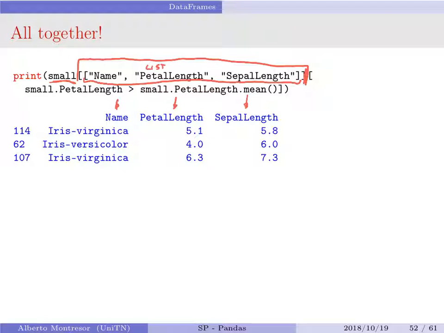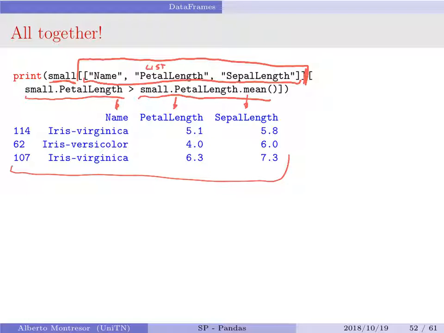So a data set in which small dot petal length is larger than small dot petal length dot mean. So only the elements which are larger than the mean. This is quite complicated in a single line, but you can do a lot of analysis in this way. So this is the result.